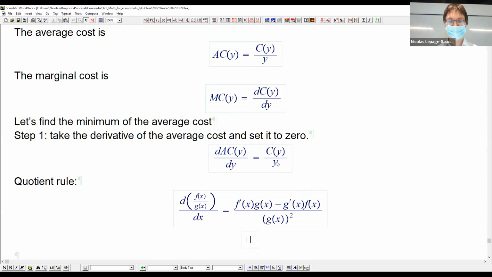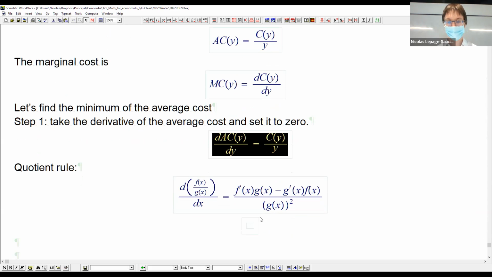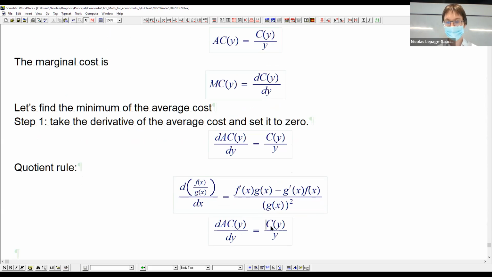So then I'm going to get dC of y over dy times y, minus dy over dy, which is 1, times C of y, and then divided by y squared, right?